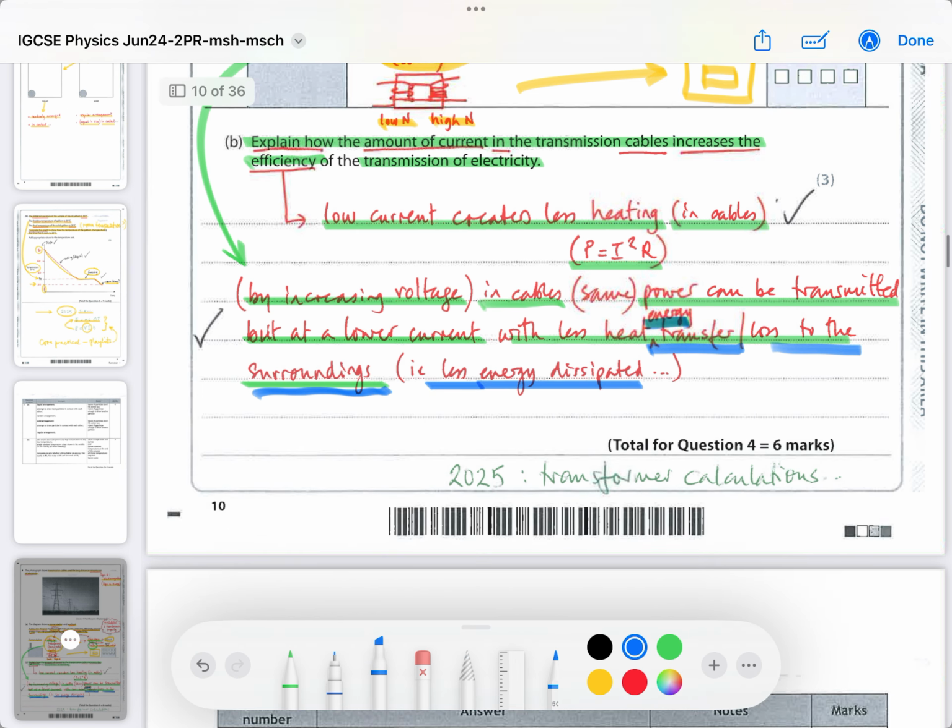Okay, so what they haven't given us is a calculation for transformers. So in 2025, make sure you know how to do the transformer calculations in terms of the turns ratio and in terms of efficiency. So we want to also understand the efficiency can be given as power in and power output.